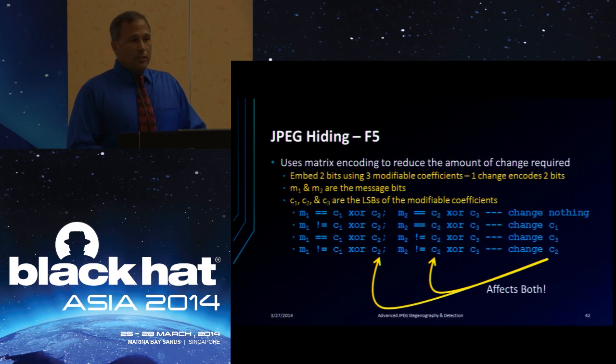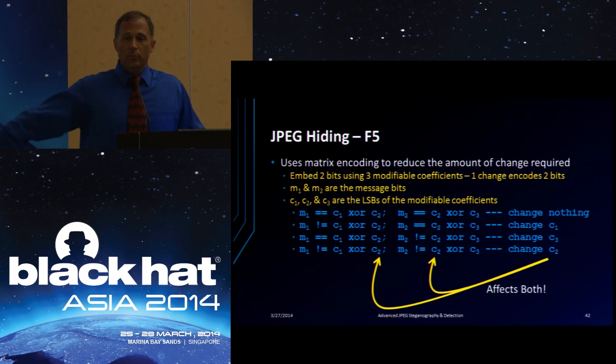And it uses matrix encoding. The idea with matrix encoding is we're going to use 3 DCT coefficients to hide 2 bits. So it's a little less efficient. You lose a little capacity from that, but by doing it this way, you only have to make a single bit change.